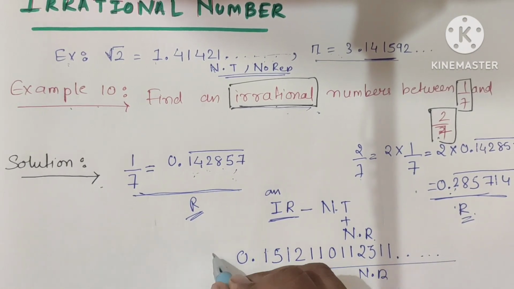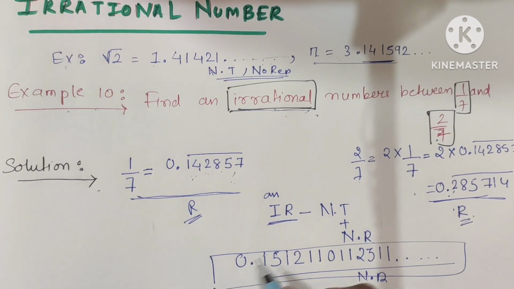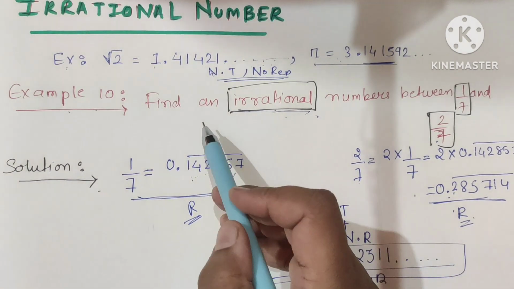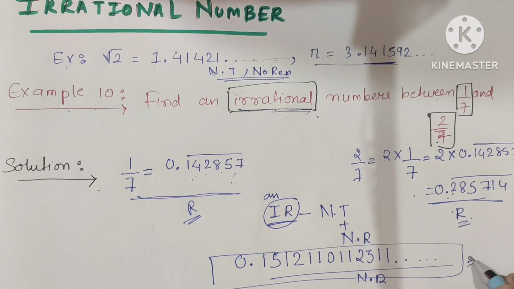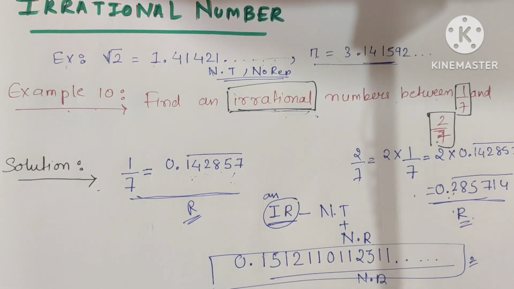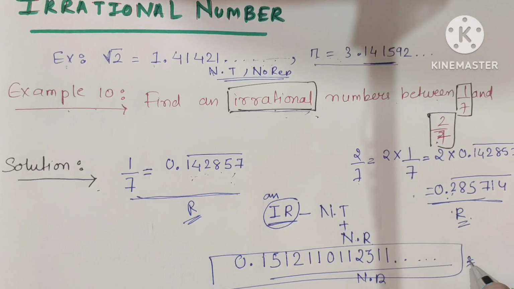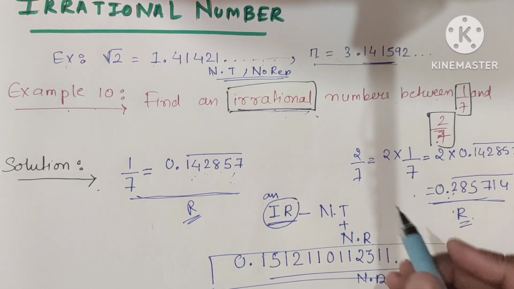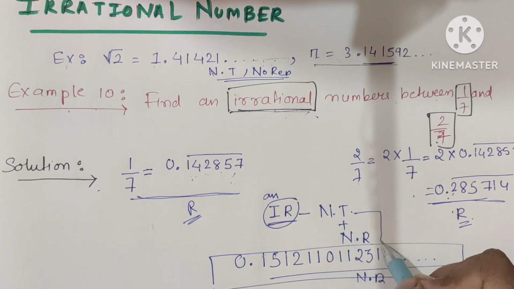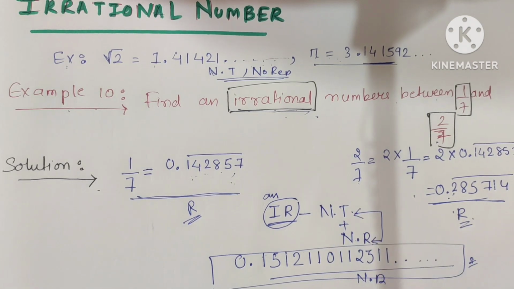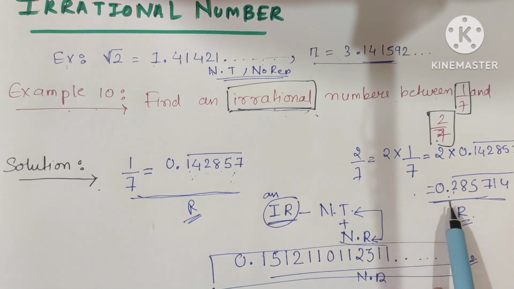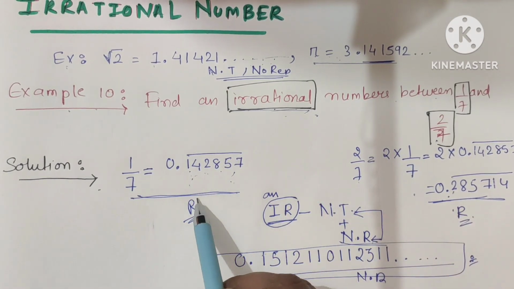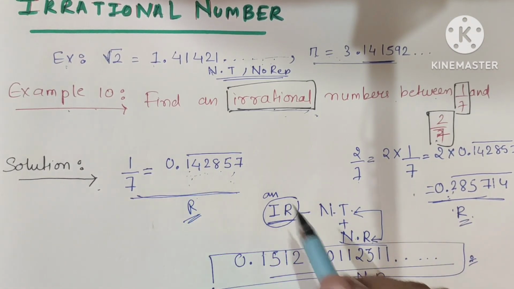And the answer for such a question can be different for everyone. You just have to satisfy two things, that is non-terminating and non-repeating. And here the boundaries, here 1, 4, so you can take 1, 5.